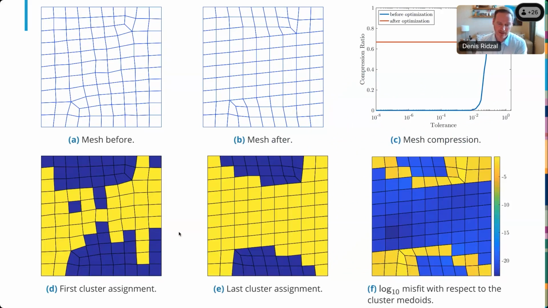And I think what best illustrates the power of this algorithm is if we look at the log 10 misfit with respect to the cluster medoids. Anything in blue here is around 10 to minus 20. All of these cells here were compressed down to 10 to minus 20 misfit. So we have one medoid, one cell representative for this entire region, and then we have one for these 2 regions.